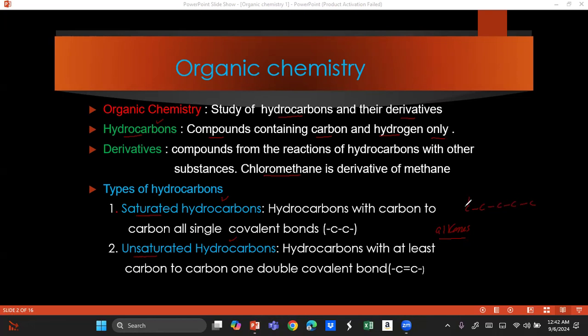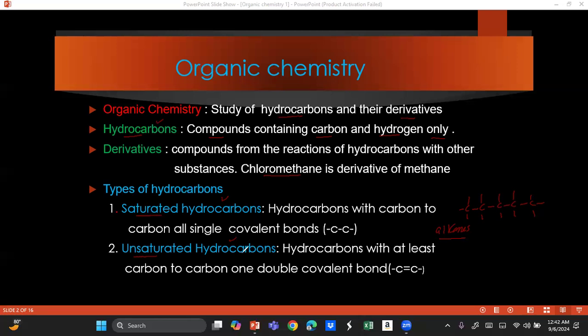The pentane has five carbons. These are hydrogens at the top of these bonds. These are covalent bonds. You see, all carbons have single covalent bonds with each other. If there is even one double covalent bond or triple covalent bond, this will not be called saturated.